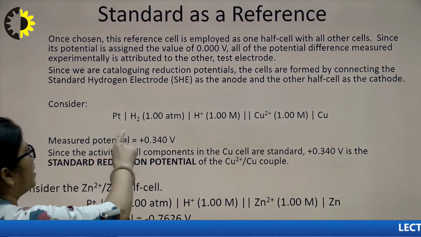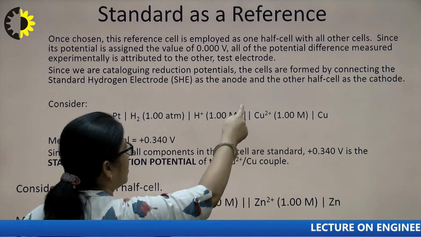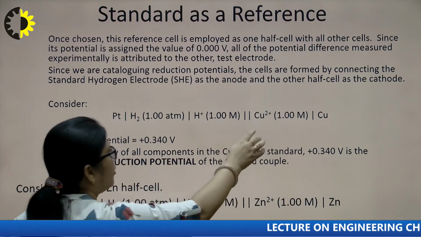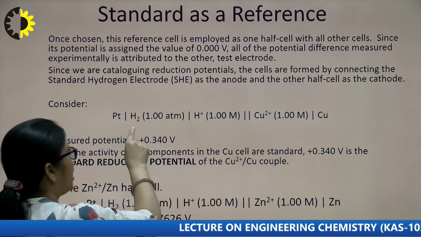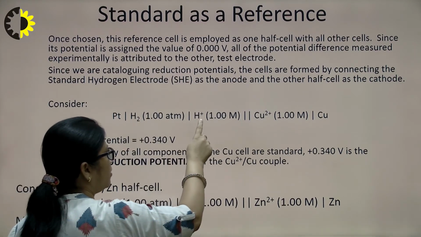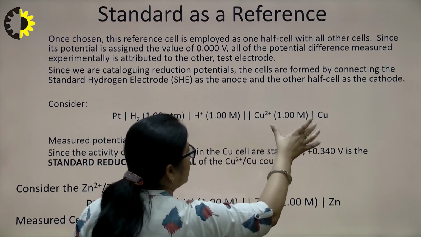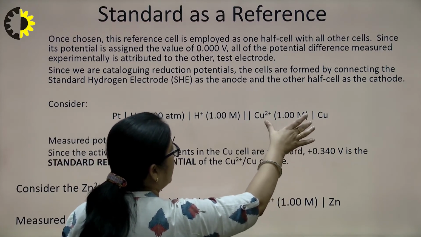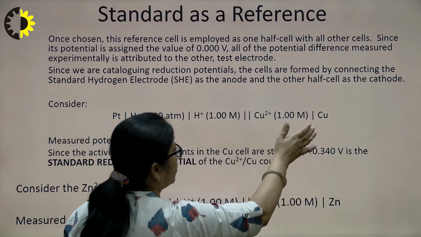This is the representation: my standard hydrogen electrode, then a salt bridge, then the copper electrode. My standard hydrogen electrode is undergoing oxidation, therefore it is written on the left hand side, whereas the tested electrode is on the right hand side, working as the cathode.